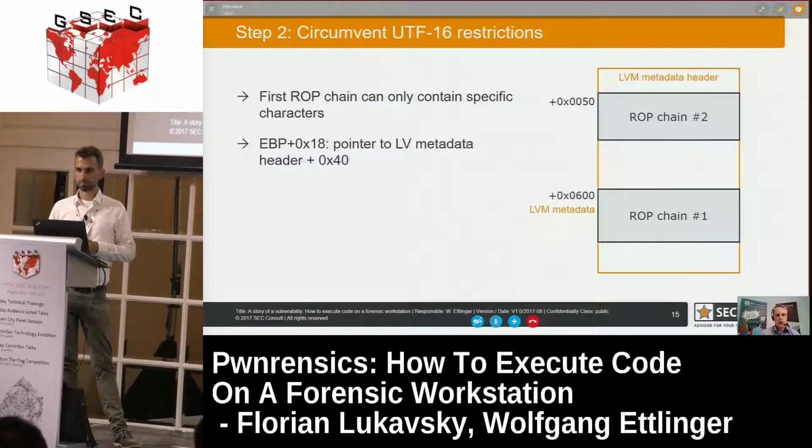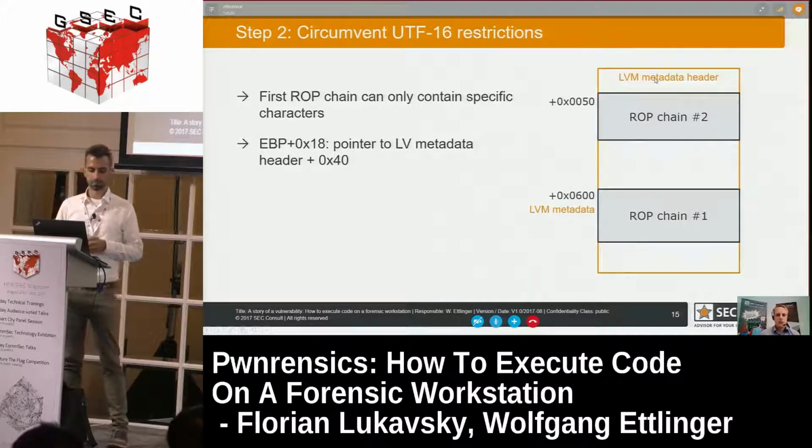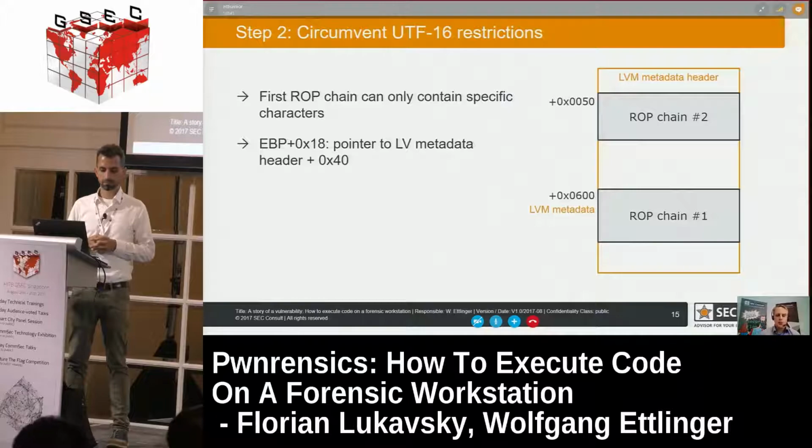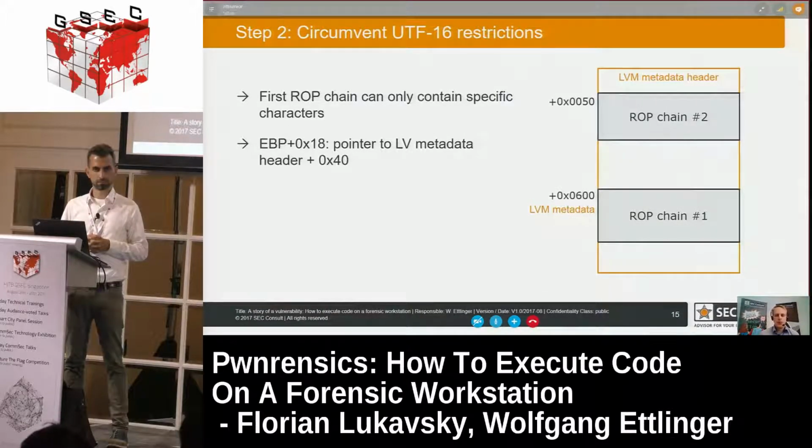So when this overflow occurs, somewhere in memory there is this LVM metadata header that has not been modified by the application in any way. So if we could find this, we could store another ROP chain in there, migrate execution to this ROP chain and then use all available gadgets so we can gain code execution.